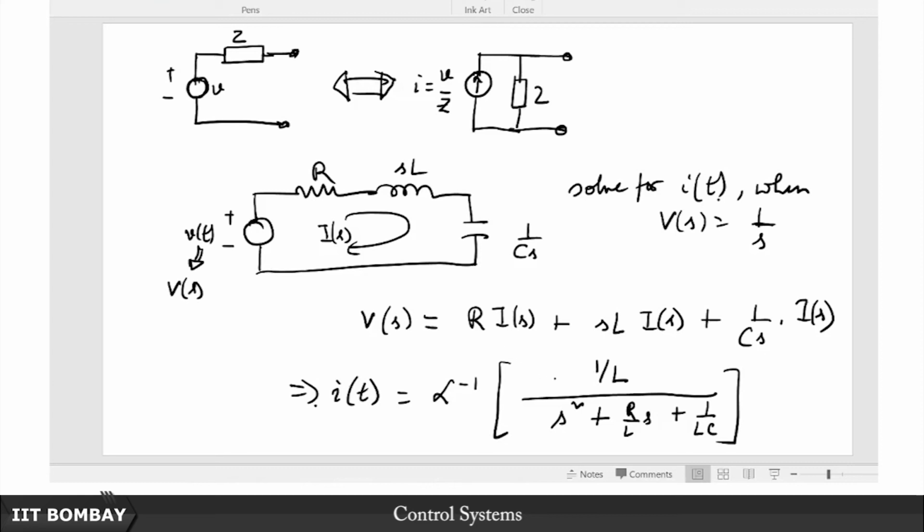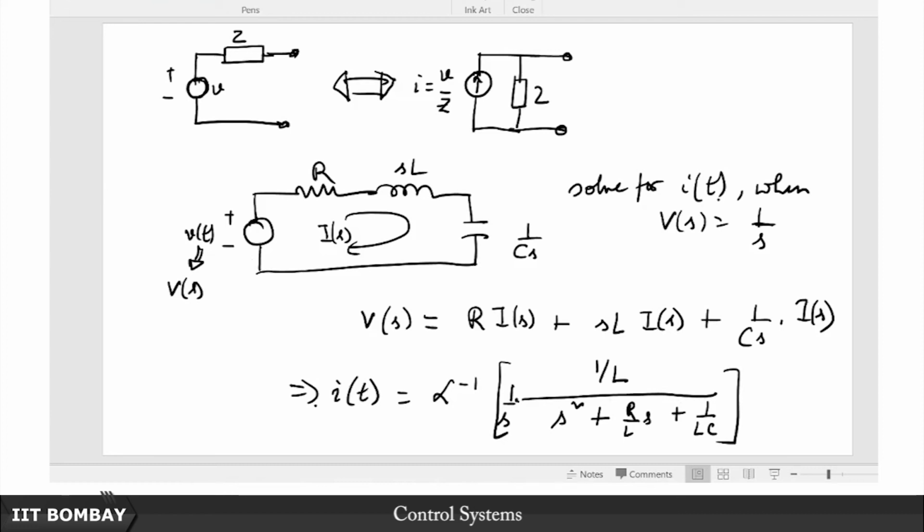And of course we will have to have this 1 over s. Why? Because remember, this V of s is a step input, so its Laplace transform is 1 by s. So this is what we are interested in determining. Let me make it a little simpler here.